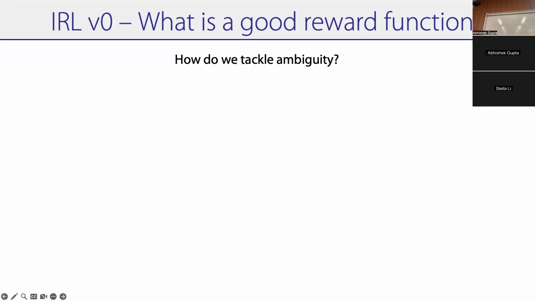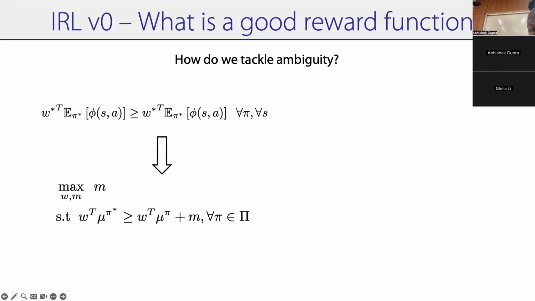And so we're going to try and use the same logic here for inverse RL. We're going to say this is an ambiguous problem. Instead, let's try to find a W such that W transpose of the expected features under pi star is better than W transpose of the expected features under pi, plus some margin, right?